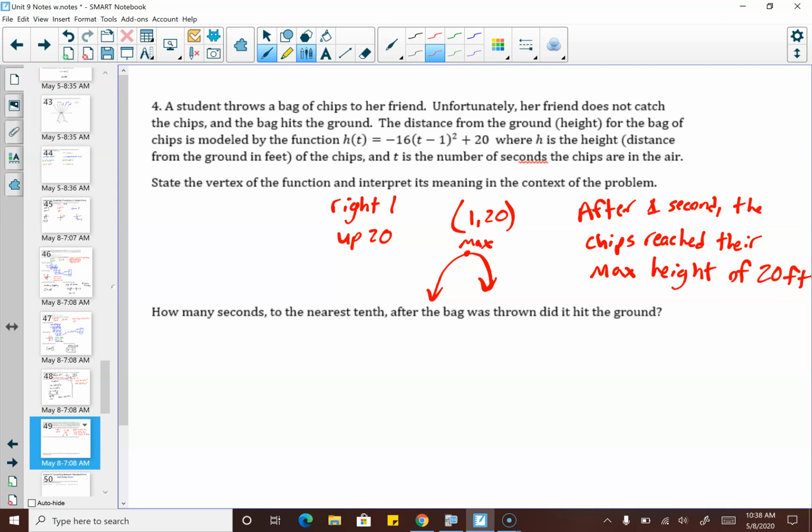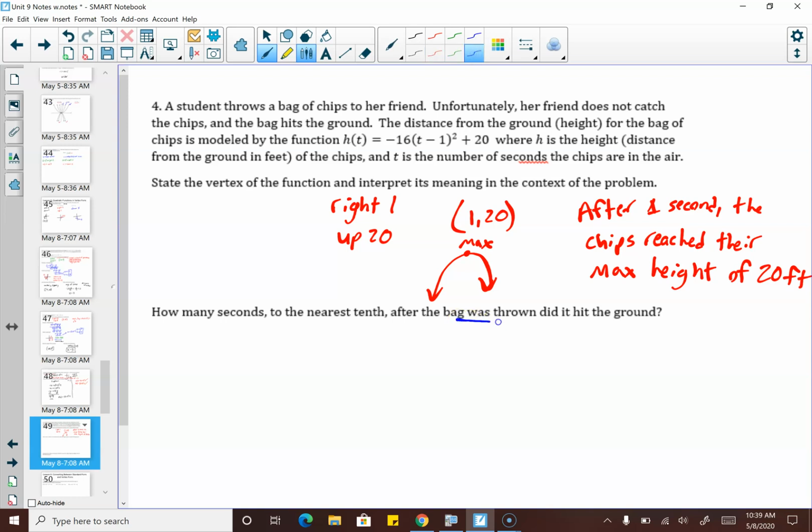Okay, so that first number, which normally is our x, in this case they replaced the x with the t, is our time. So it took 1 second for the chips to reach their maximum height. And what was that maximum height? Well, that's going to be the y part, which is going to be, in this case, 20. How many seconds to the nearest tenth after the bag was thrown did it hit the ground?